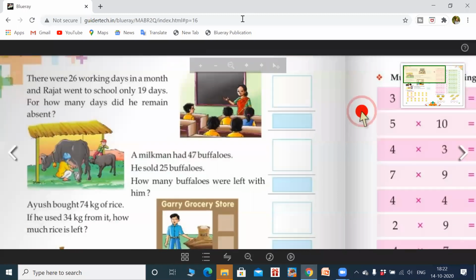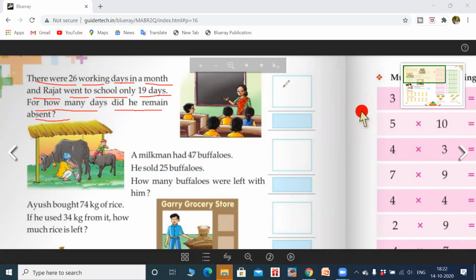See the next question. There were 26 working days in a month, and Rajat went to school only 19 days. For how many days did he remain absent?